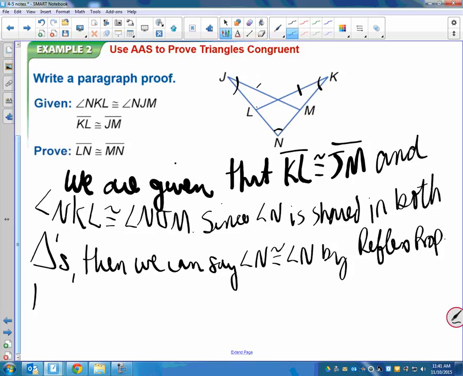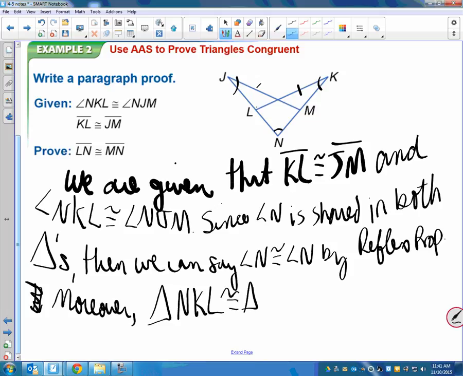Therefore, or here's a word we don't use in math very often, moreover, triangle NKL is congruent to triangle NJM by angle, angle, side.